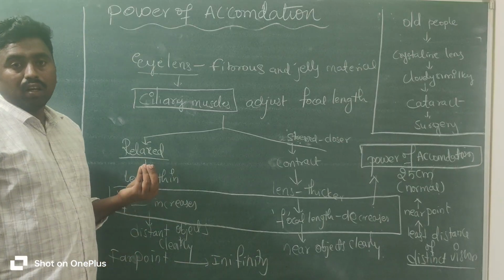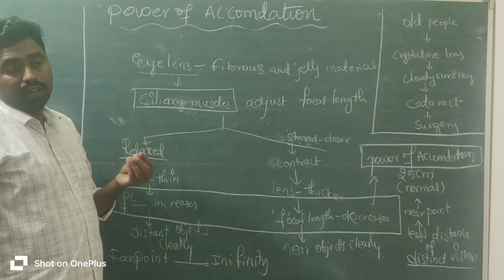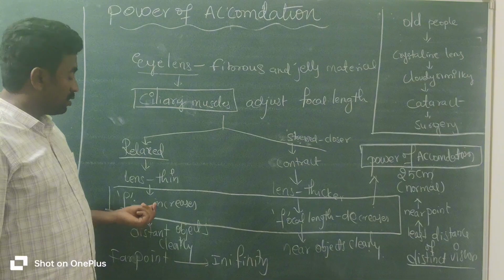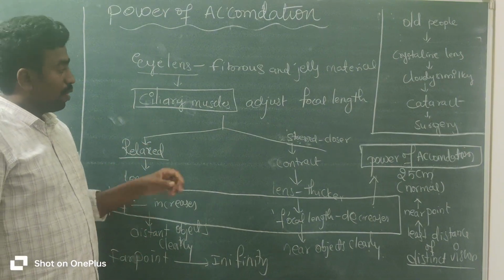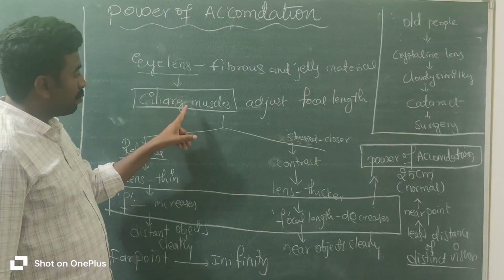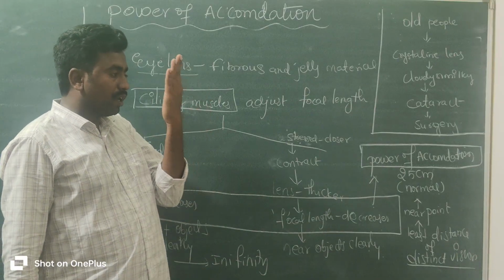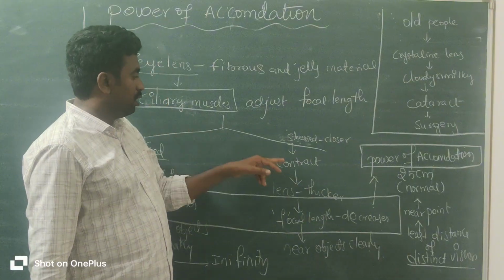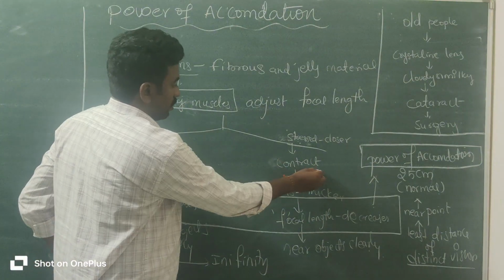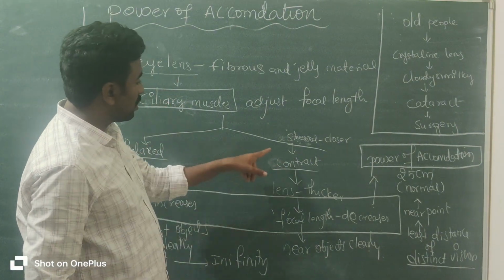For a normal person, the distance at which he can see is infinite. Next, when ciliary muscles are stressed, suppose you bring the object very close to the human eye, the ciliary muscles are strained and contracted.